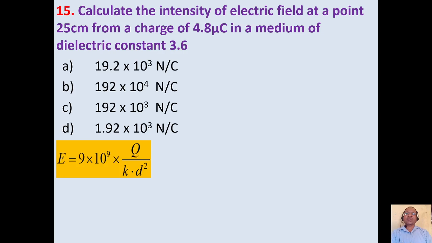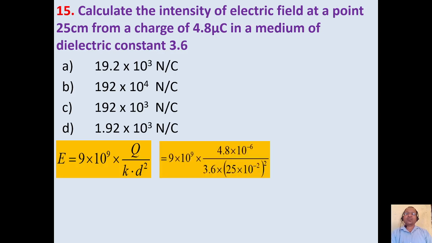K is given as 3.6. Distance is 25 cm, converted to meter by multiplying by 10 raised to -2. Substituting the values and calculating, you will get the answer as 192000 Newton per Coulomb. Rearranging, it is 192 into 10 raised to 3 Newton per Coulomb. So option C is correct here.